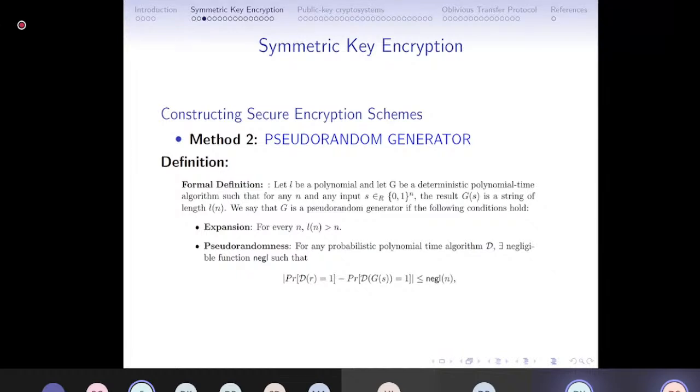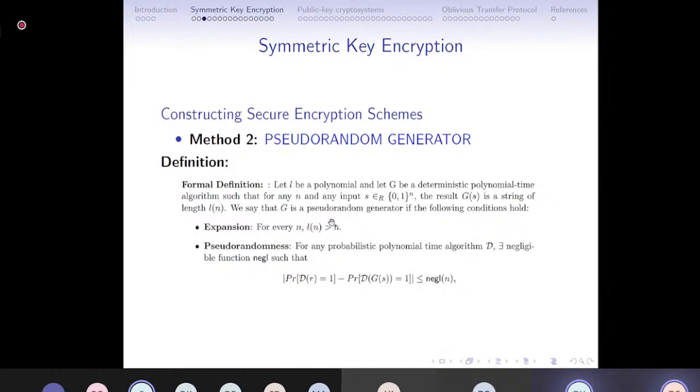That is the actual meaning of deterministic algorithm. And suppose S is chosen uniformly at random, and we pass this value S into the algorithm G, then it converts it into an L length output.